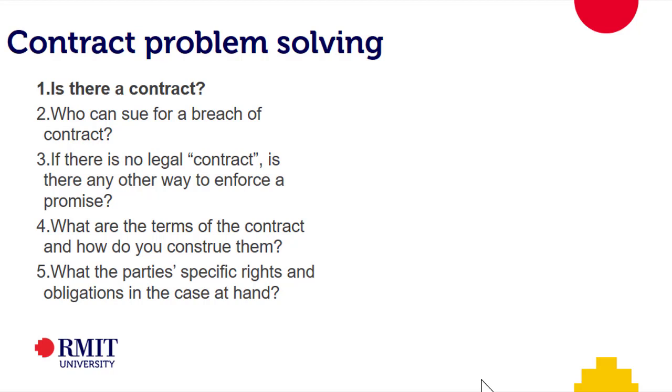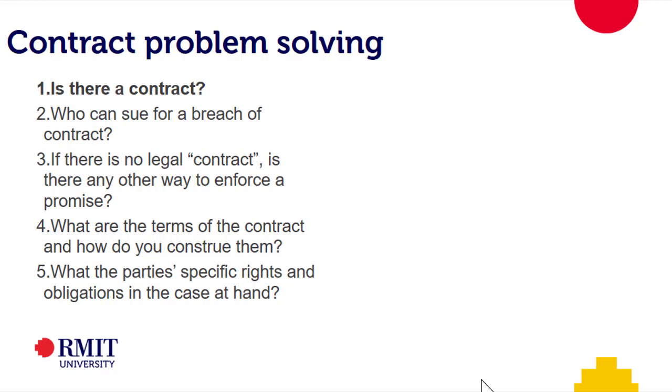So where does this fit? And we keep coming back to this model over and over again. If we're solving contract problems or problems about contract, our threshold question is, is there a contract? We need to be able to answer that before we can ask who can sue for breach of that contract.